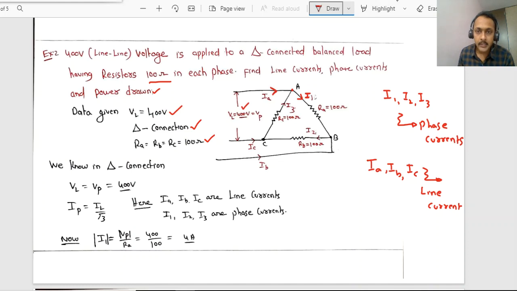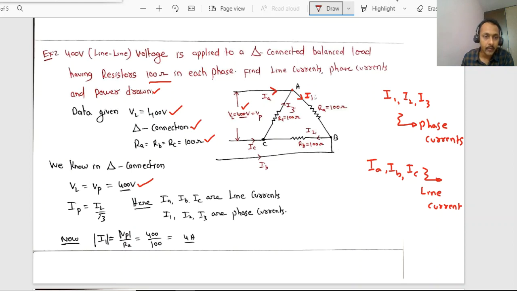Now from the previous derivation, in delta connection, the line voltage is already given as 400 volts. The same voltage is also across the phase. Both are in parallel. Therefore, the line voltage equals the phase voltage, which is 400 volts in magnitude. Once you know the voltage across A and B or A and C or B and C is 400 volt, and resistor is 100 ohm, what will be the current?